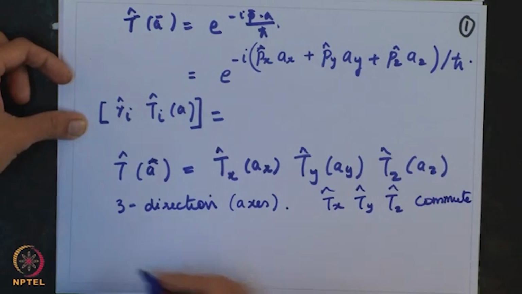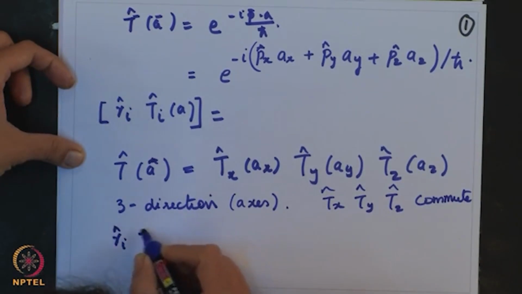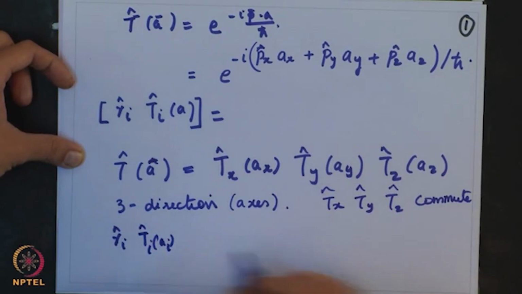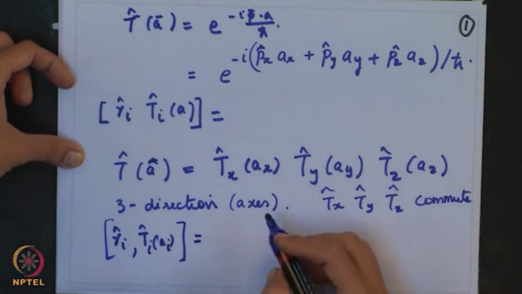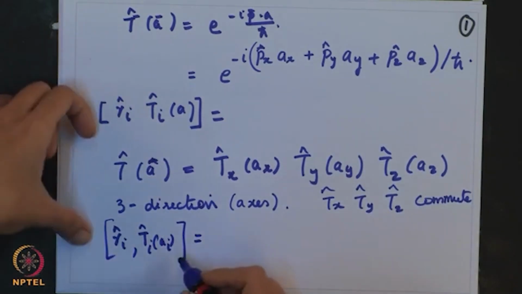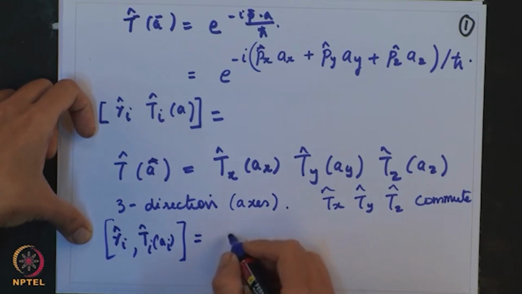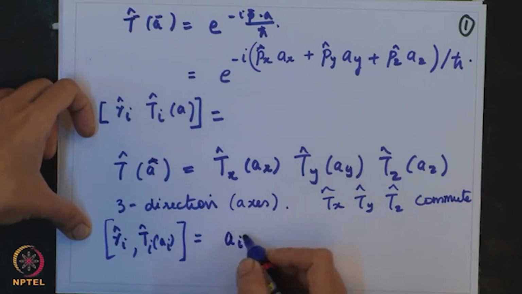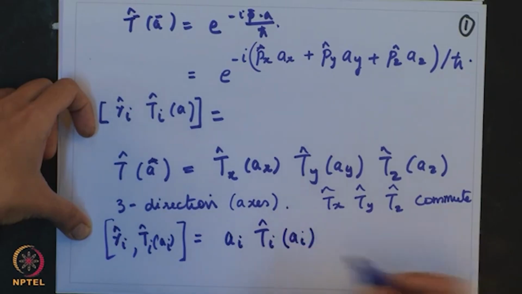Now, let us evaluate [Ri, Ti(ai)]. You remember we have done such an exercise in tutorial 5. In that we evaluated this quantity, and it came out to be, just try to recollect, ai times Ti(ai). This is what we had obtained in tutorial 5.